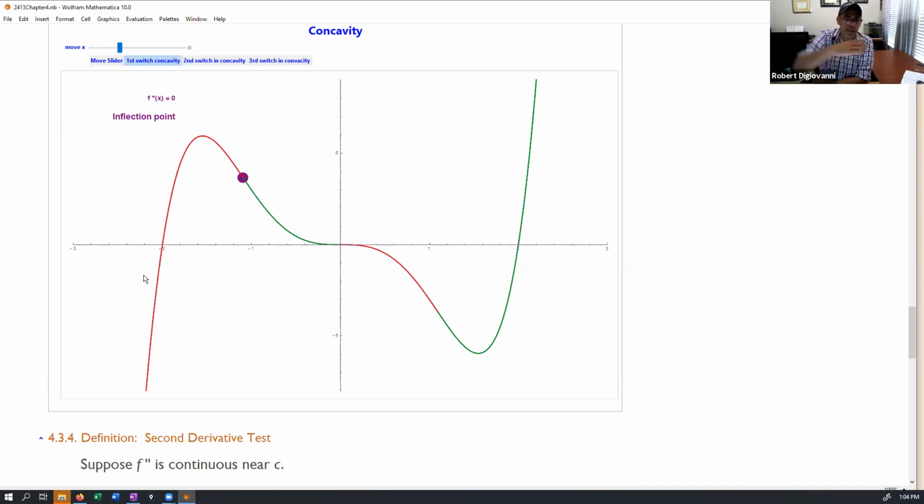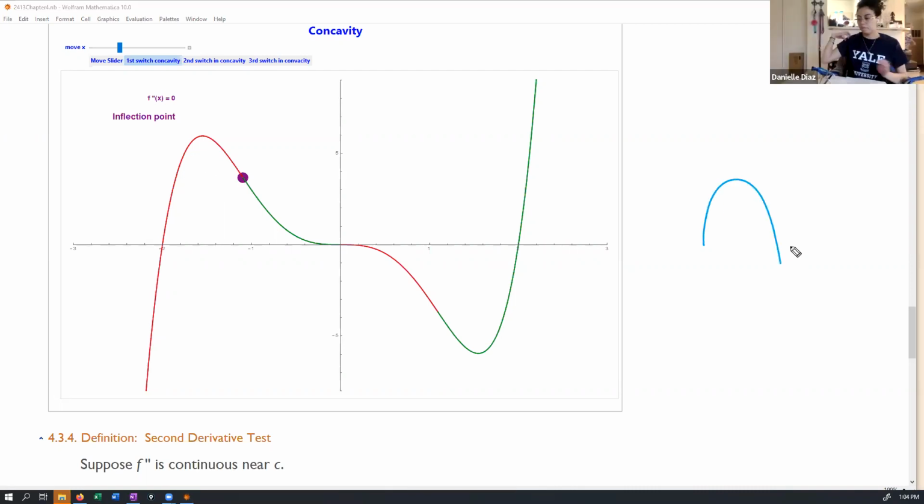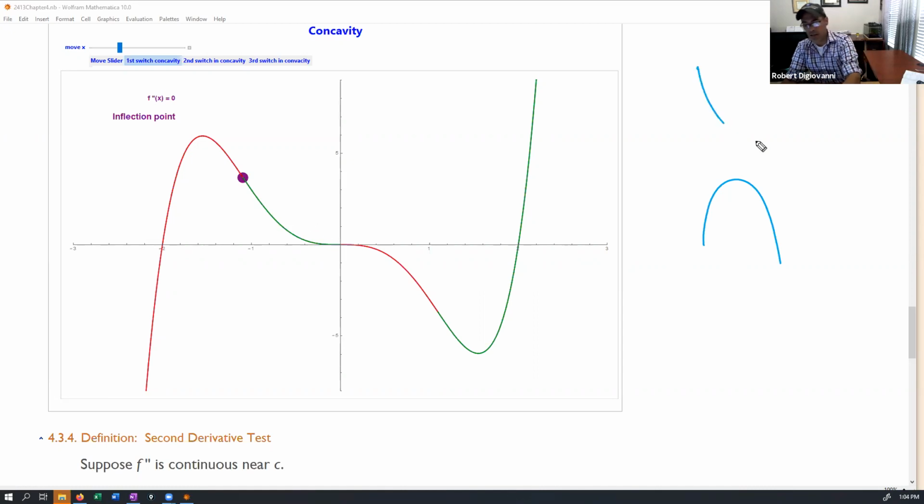Not like a smile, but like a frown. Do y'all see that? This red part looks like part of a frowny face. And then between this point and this point, this green part looks more like a smile, maybe just half of a smile.